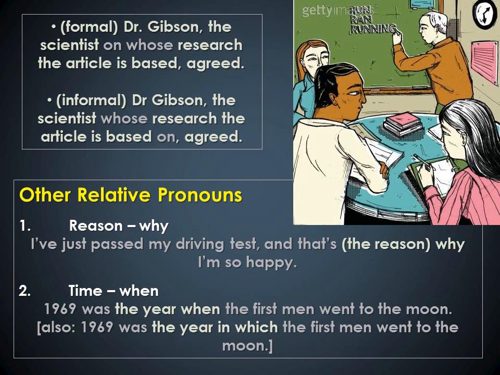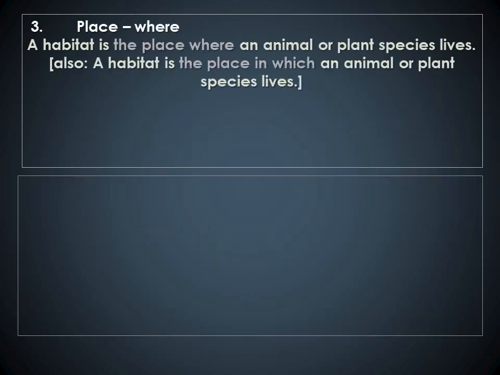There is also place, we use where. A habitat is the place where an animal or plant species lives, and the same thing is valid here. In which substitutes where. A habitat is the place in which an animal or plant species lives.